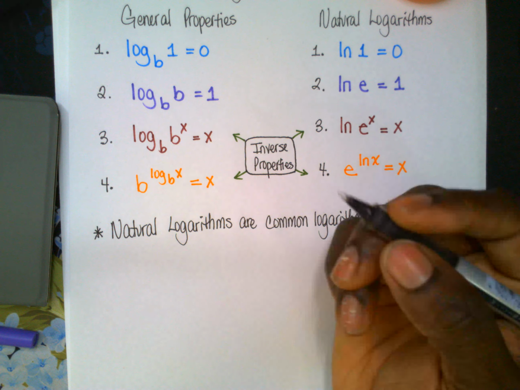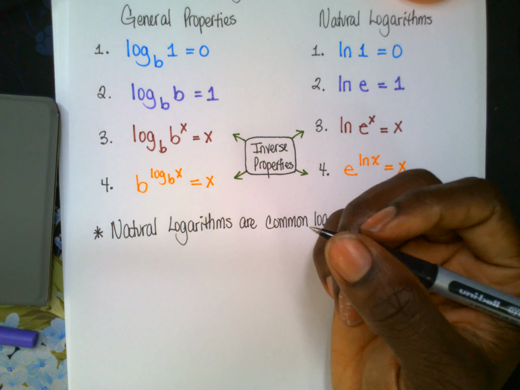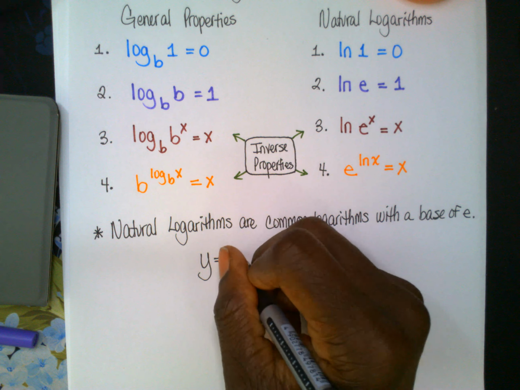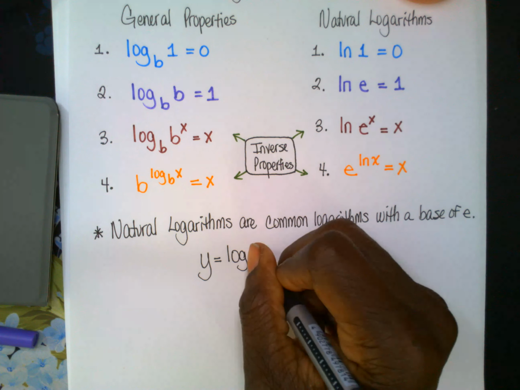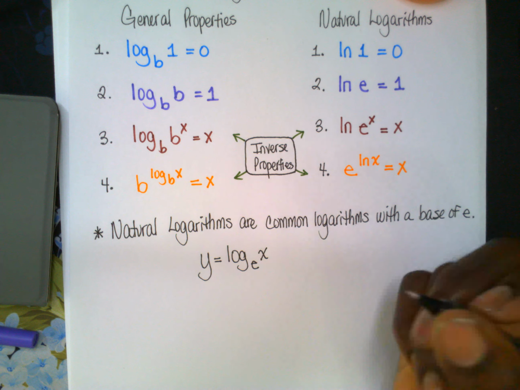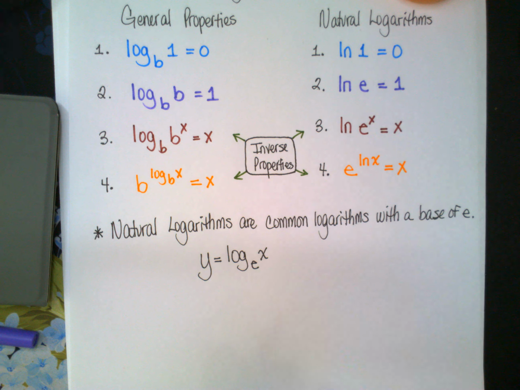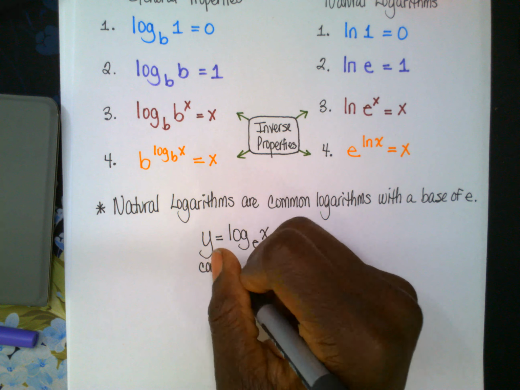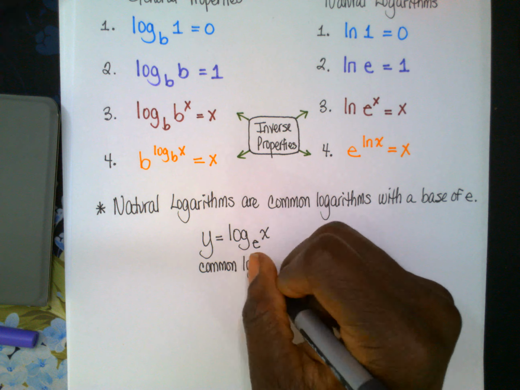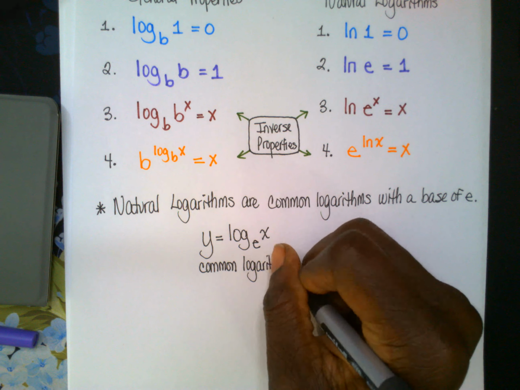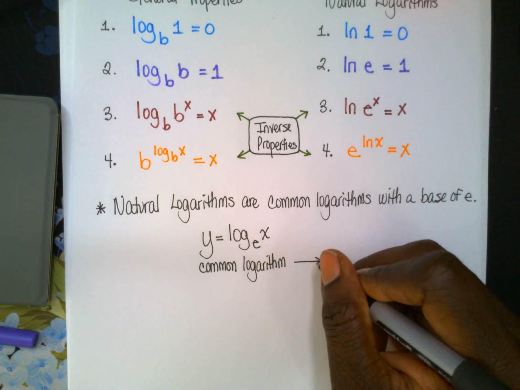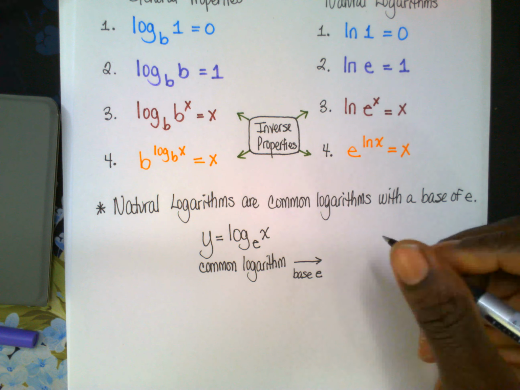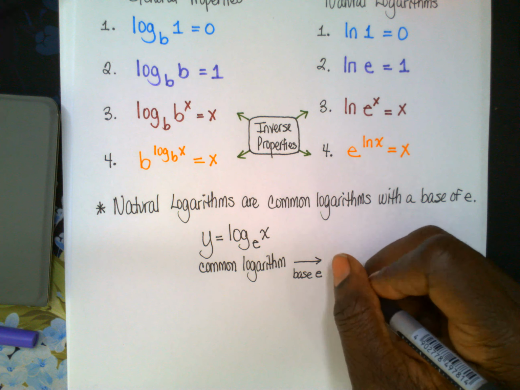So what that means is the following. If I have y is equal to log base e of x, this is the common logarithm. If I want to change this, because it has base e, we change that to the natural logarithm.